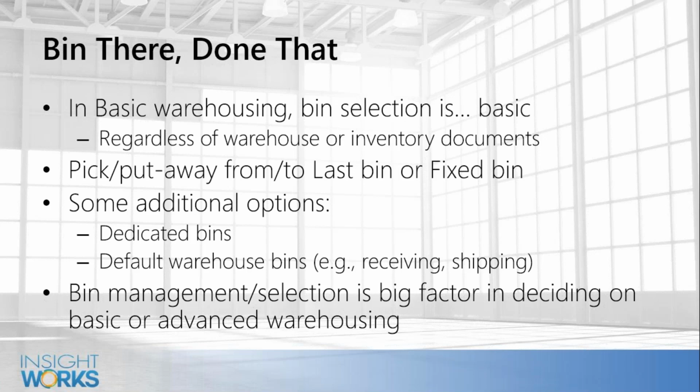I don't want to overfill a bin, right? If I can store a maximum of 100 in a bin, and I've received 200, I don't want the system going and telling me to put it in that bin that can't fit it, right? Those types of things. If you have basic warehousing turned on, it doesn't look at any of that. And because of that, you might want to consider the advanced warehousing or the directed put away and pick.